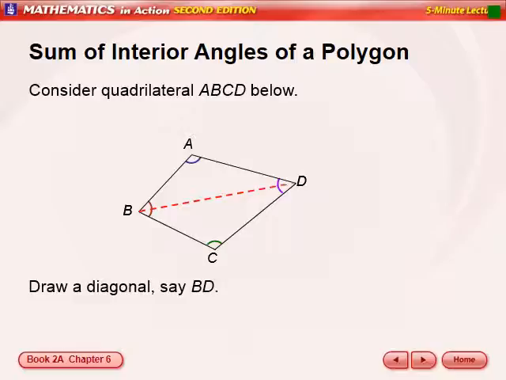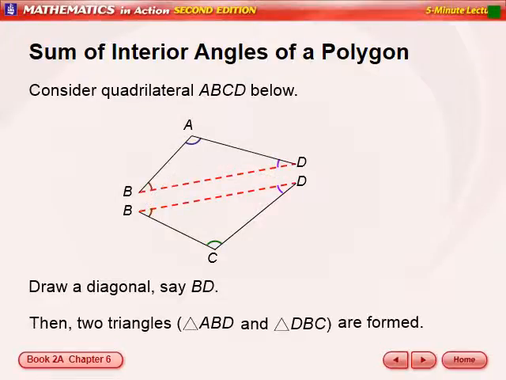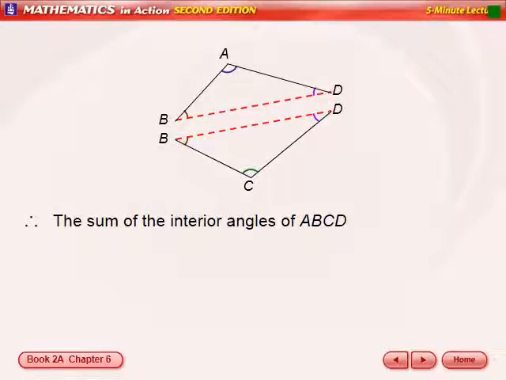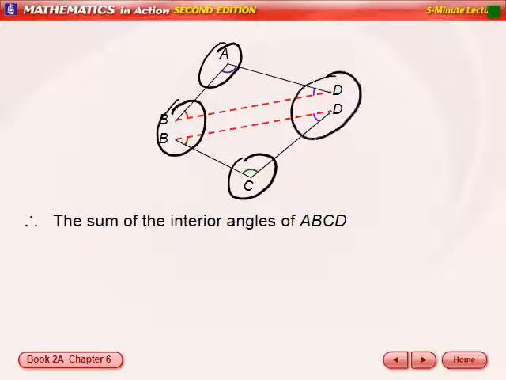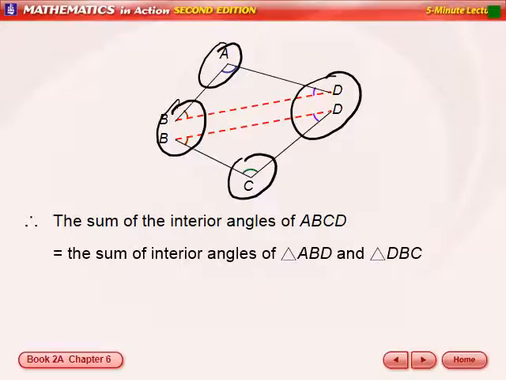That is, we draw a diagonal, let's say this is BD, so that this quadrilateral will become 2 triangles formed. That is triangle ABD and triangle BDC. The sum of interior angles of quadrilateral ABCD would be equal to the sum of the interior angles of triangle ABD and triangle DBC.